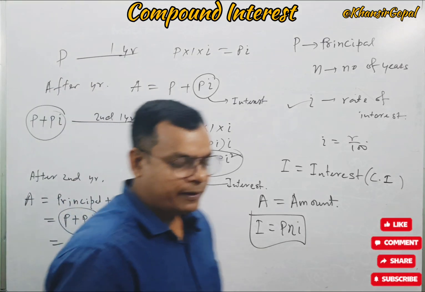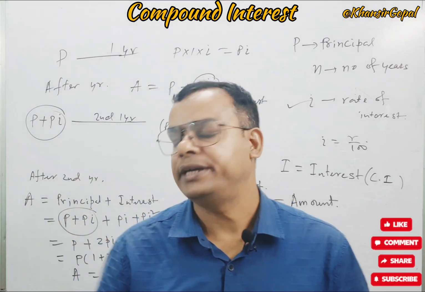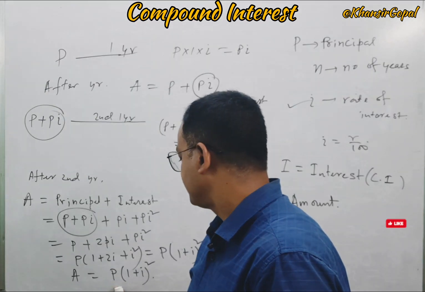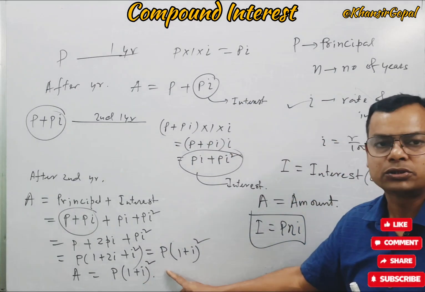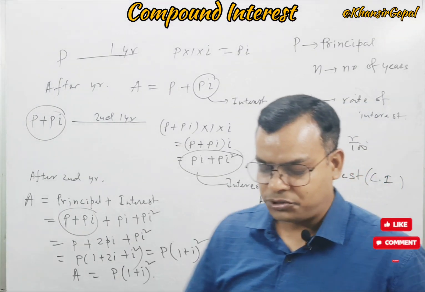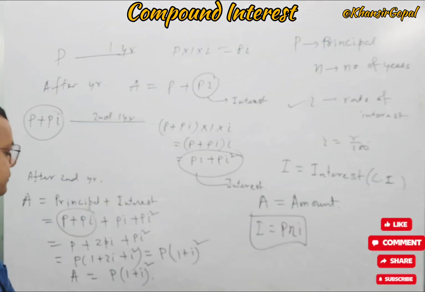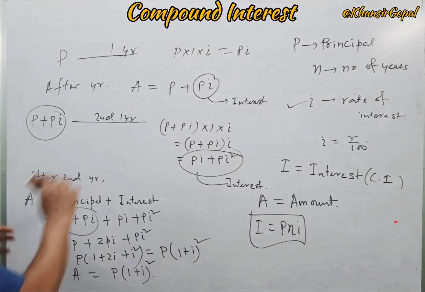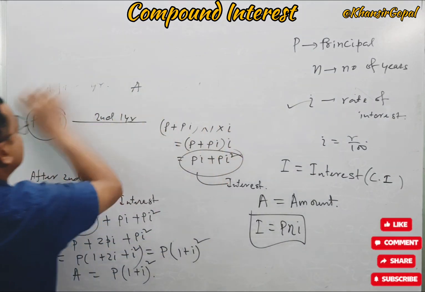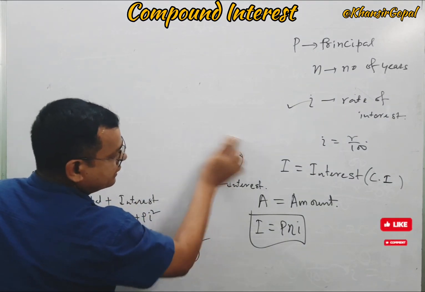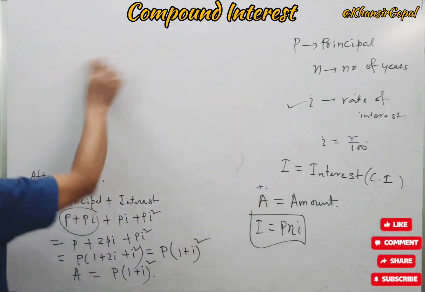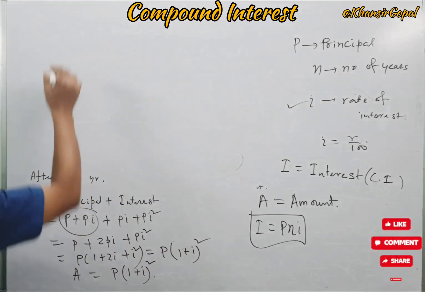Okay. Now if I check it for 2 years, you are getting P into 1 plus I whole square, right? But if I take for 3 years, how will it be?